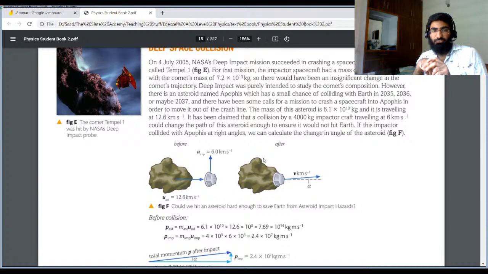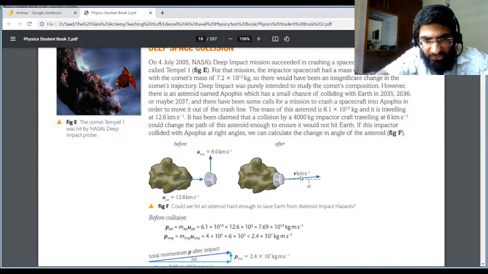This Deep Impact mission was actually a mission by NASA. I was looking the other day, and time and again there have been calls and deliberation about whether they should launch bodies to change the direction of motion of other asteroids or not.